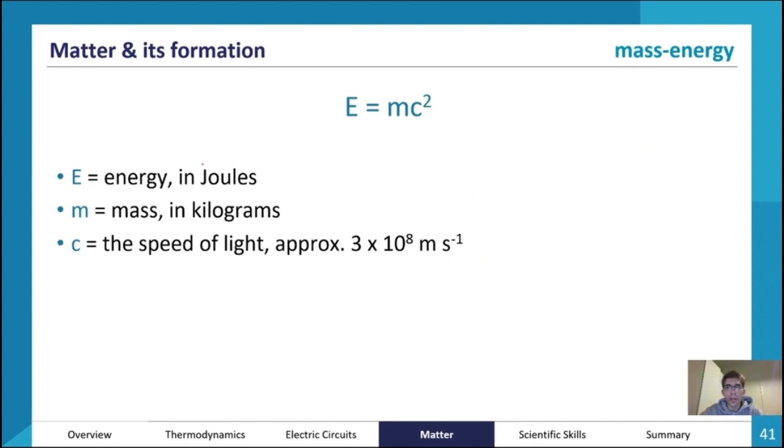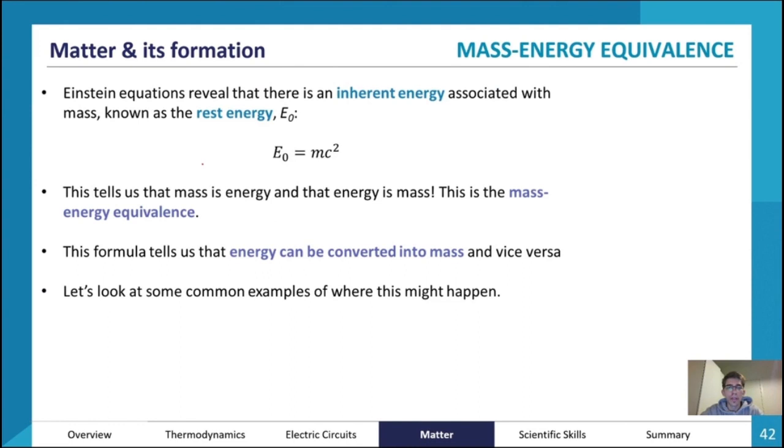For example, Einstein's mass-energy equivalence, where Einstein stated this formula, E = mc², where m is the mass in kilograms and c is the speed of light, which is 3 × 10^8 m/s.